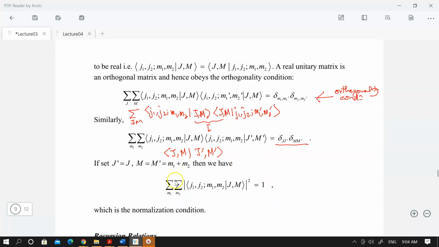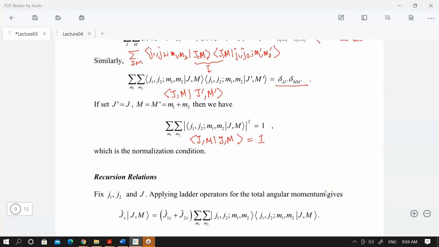Really this is again from normalization of your Jm, and this being summed over. So this is with respect to some assumptions that people take when they consider Clebsch-Gordan coefficients.